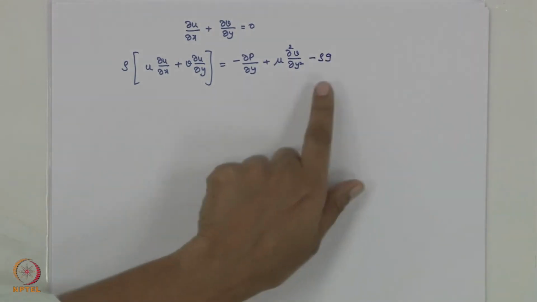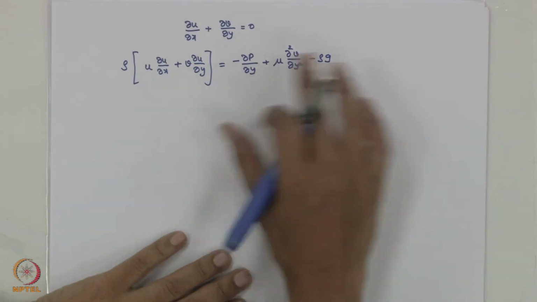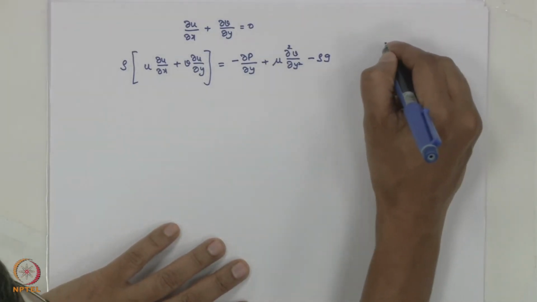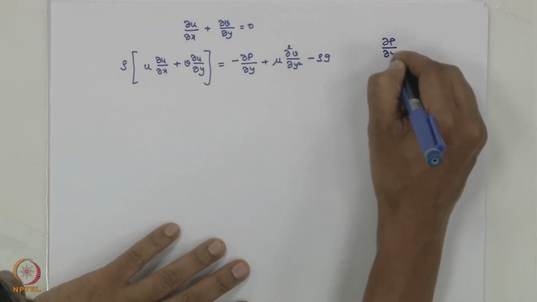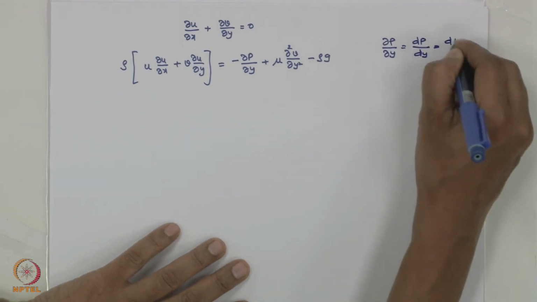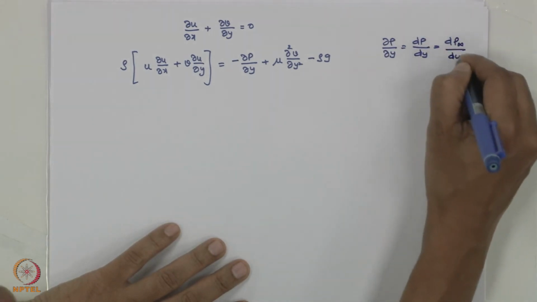I just want to write this rho g in terms of temperature, that's why I have again written these equations. But let me remind you, we just found that del P by del y is equal to dP by dy, and with the same I can write this as dP infinity by dy.